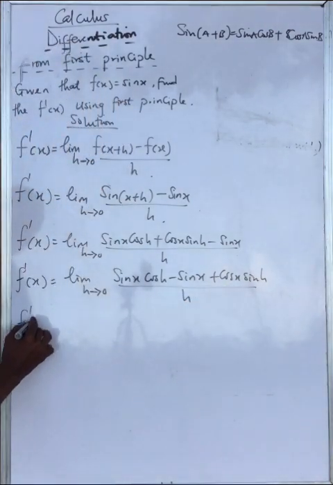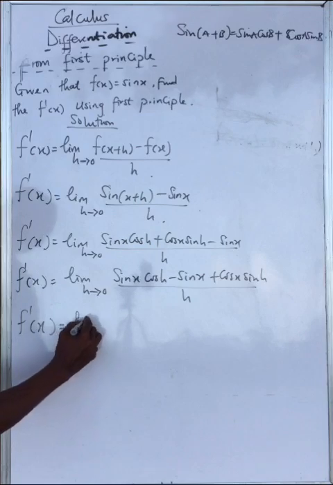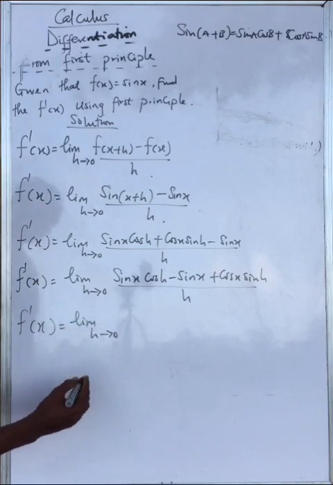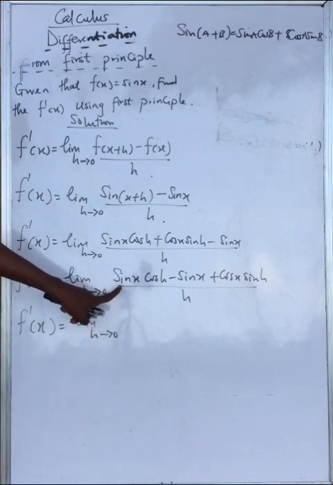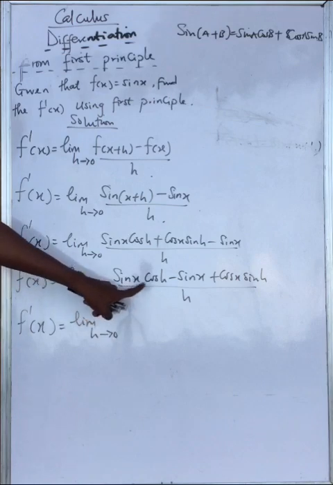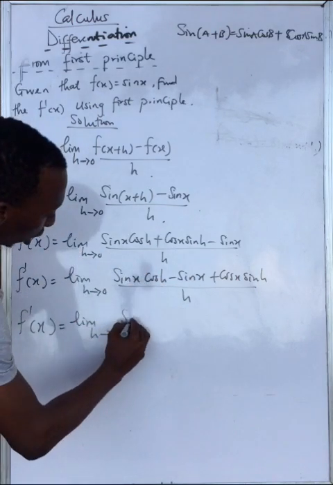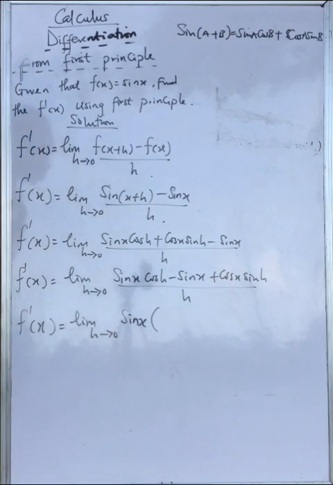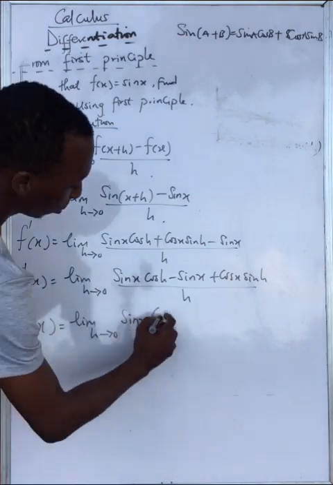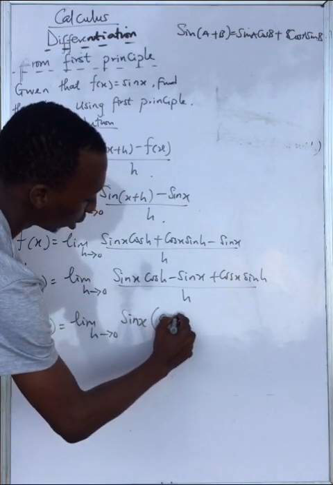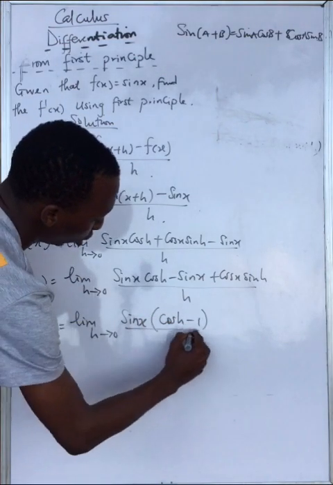I realize that this one has a sine x, likewise a sine x here. So knowing that sine x is a common term, bring out sine x. Now we are left with cos x minus 1, all over h.